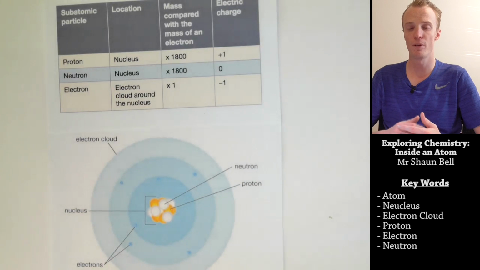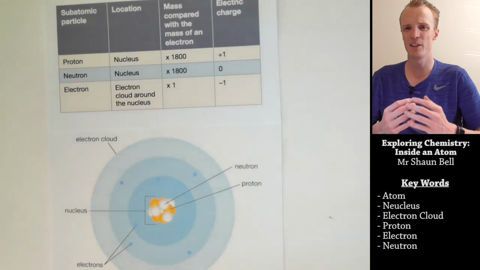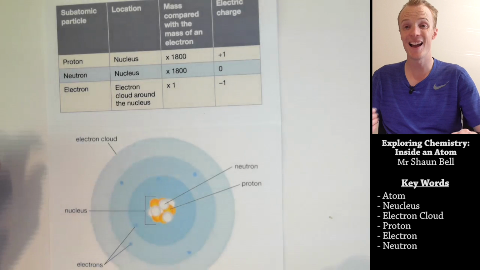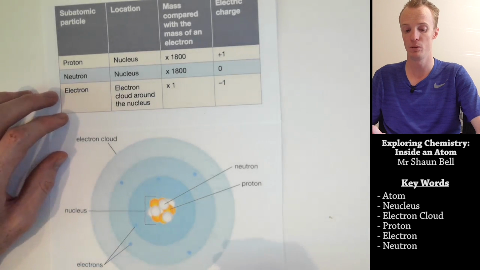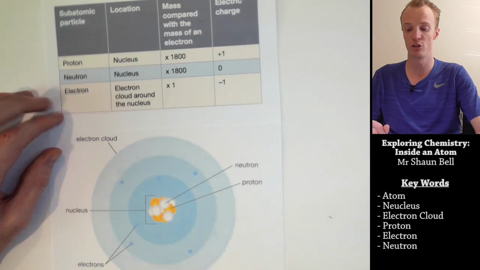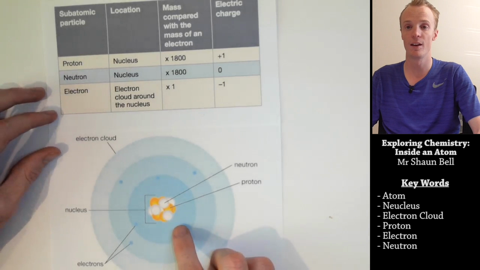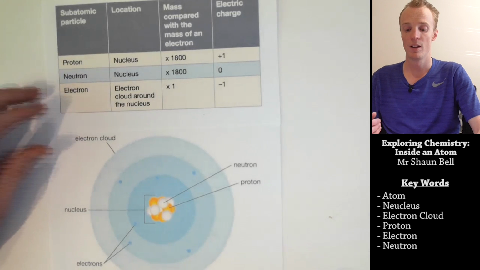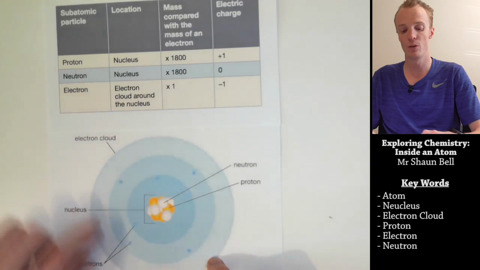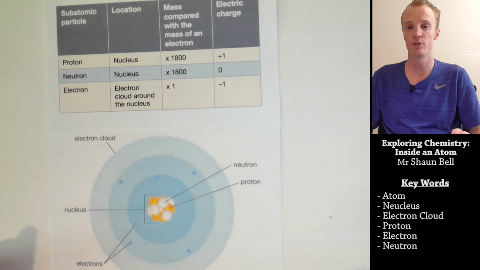The size of the protons and the neutrons are fairly similar. However, the electrons are much, much, much smaller. They're about 1,800 times smaller than the protons and the neutrons. The protons that can be found in the nucleus here have a positive charge. The electrons that are found in the shells around it have a negative charge.